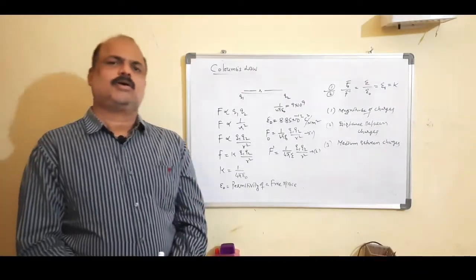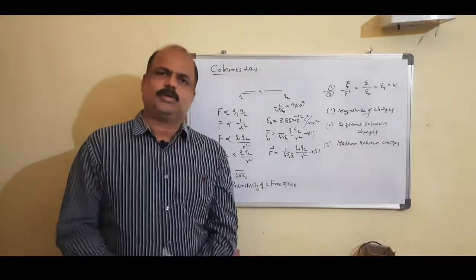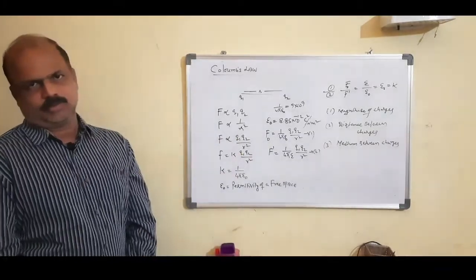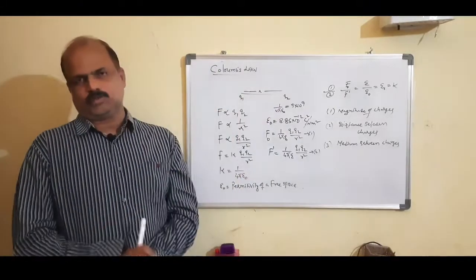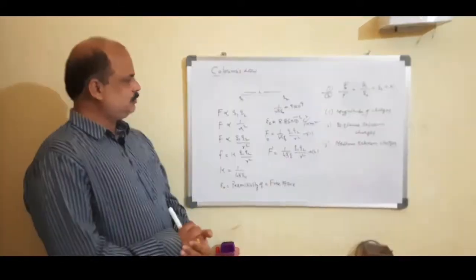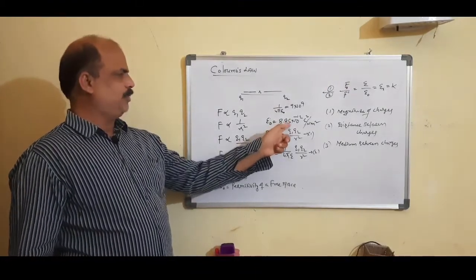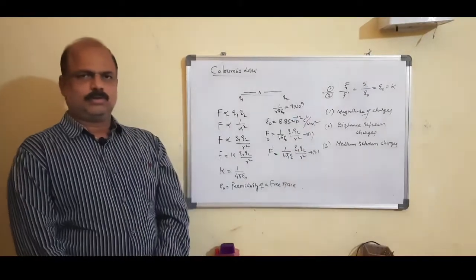What permits? How much electric field lines are passing through a particular medium. That is nothing but permittivity. It also gives information about the magnitude of electrostatic force between the two charges. So what is its value? Epsilon naught is equal to 8.85 into 10 to the power of minus 12 Coulomb square per Newton meter square.